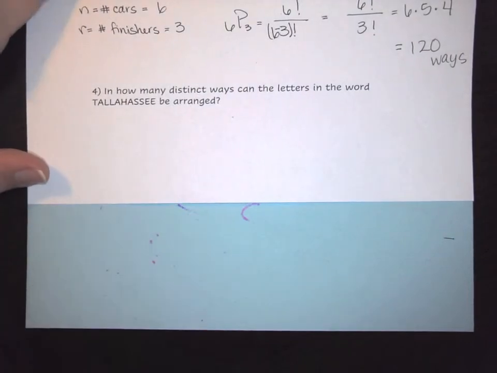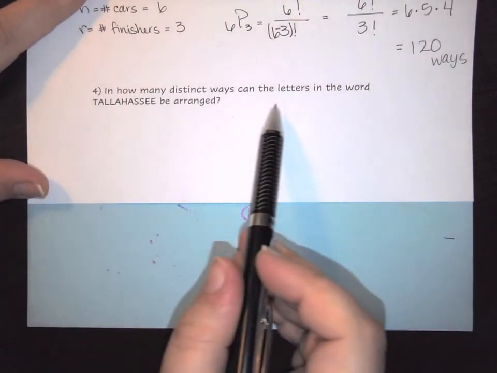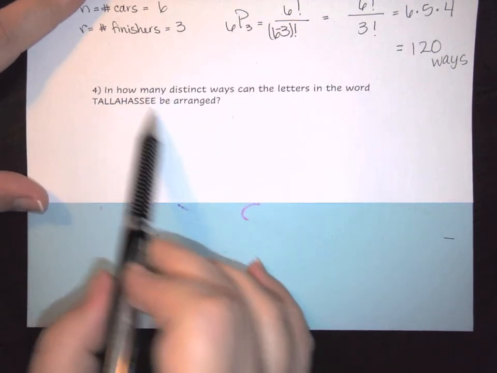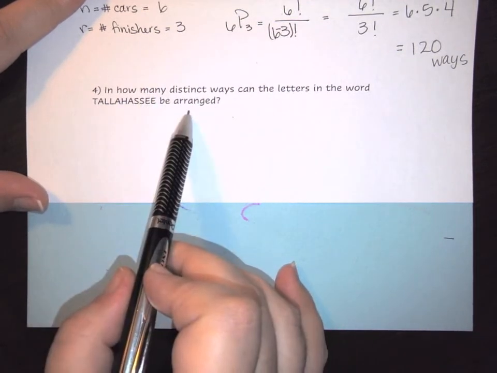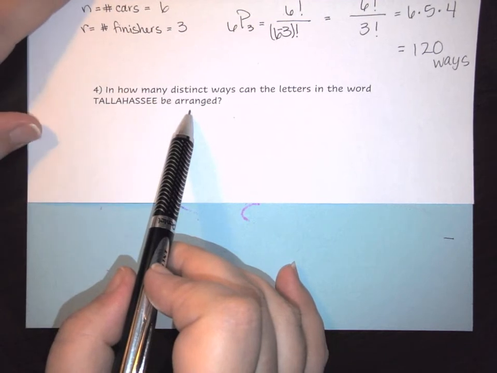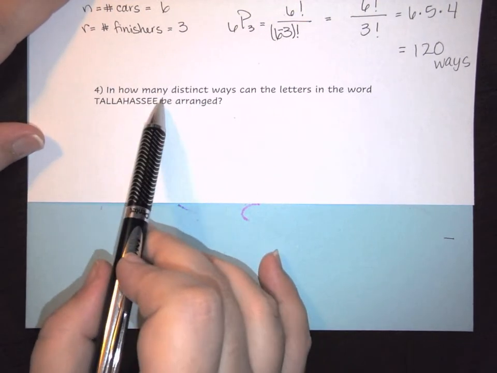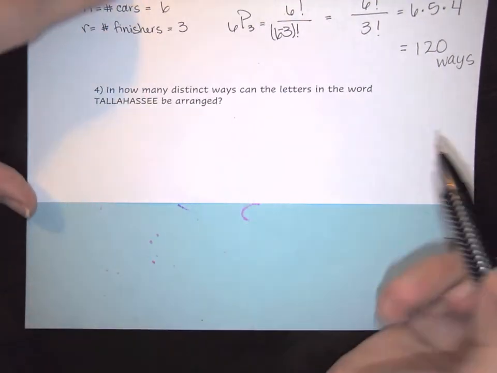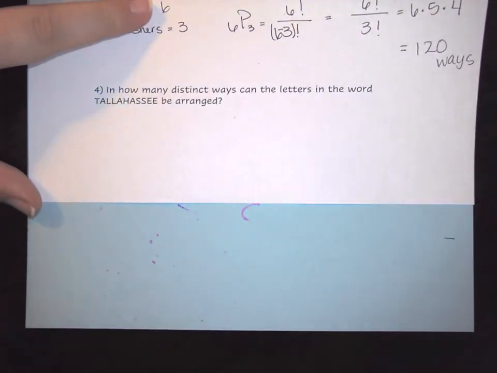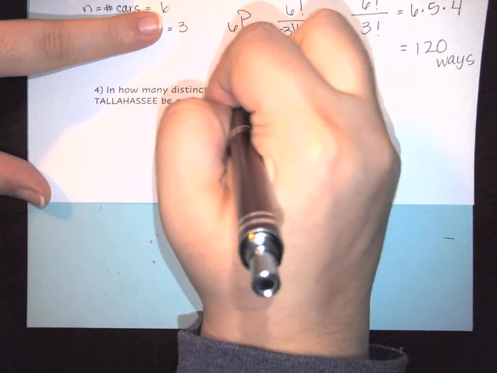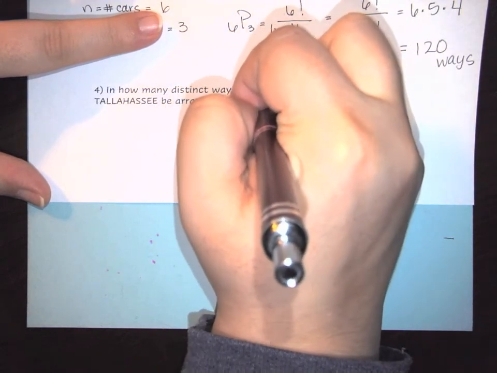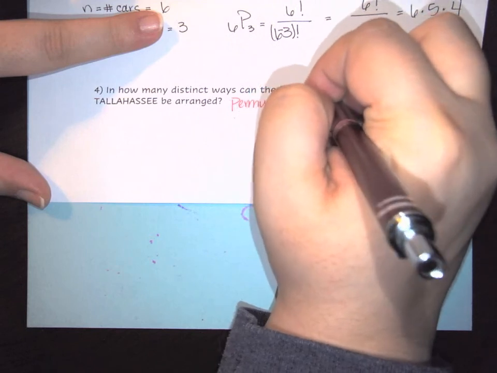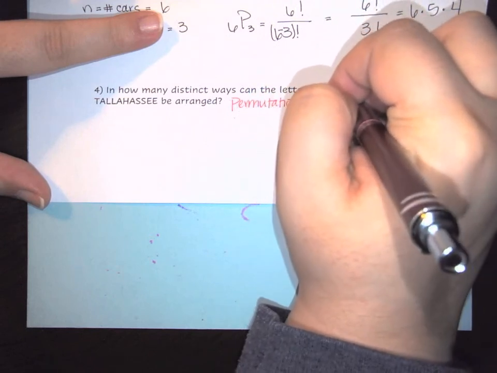Alright, last but not least, we have: in how many distinct ways can the letters in the word Tallahassee be arranged? Now notice nowhere in this does it say that the letters are not repeated, nor does it actually say that we're choosing any. We want to know how many ways to arrange this. So this is going to be a classic permutation with repeated objects.